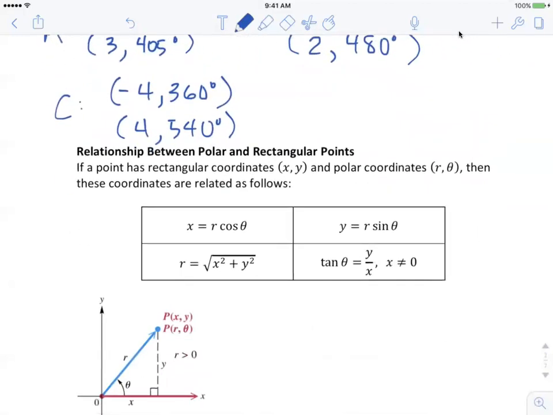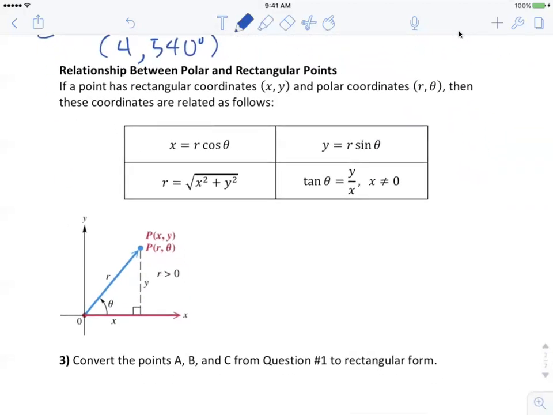Okay, here are some formulas that relate polar coordinates to rectangular coordinates, which look like what we did with vectors and what we did with complex numbers. So it's kind of the same game. So these will be useful if you want to convert a polar coordinate to rectangular or vice versa.